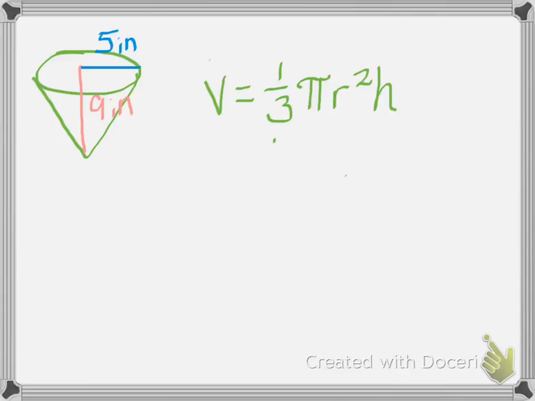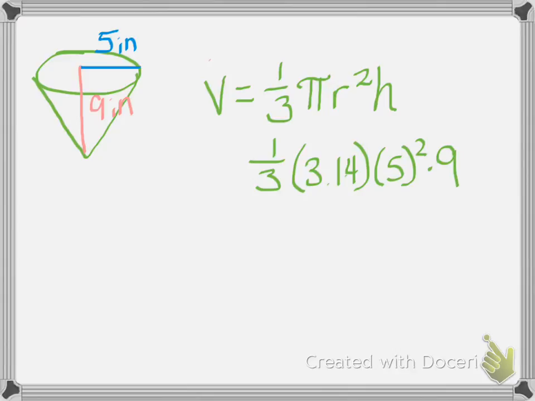Okay, so we have 1/3 times pi times the radius, which is 5, squared, times the height. So that's 1/3 times 3.14 times 25 times 9.